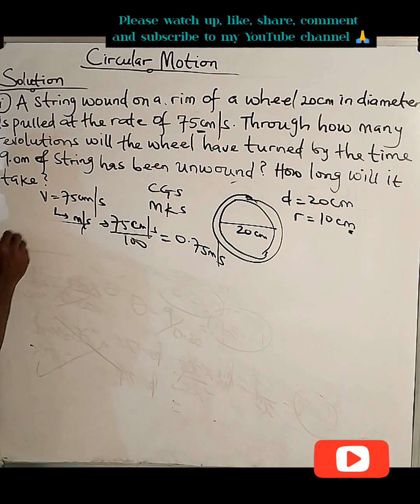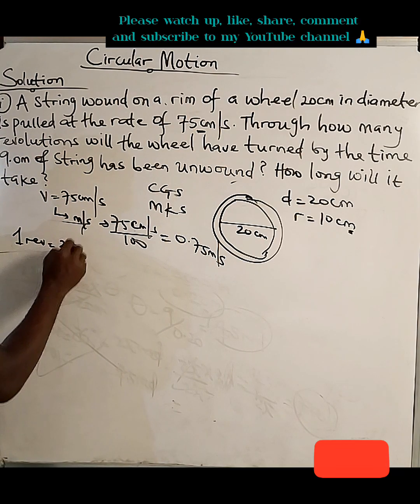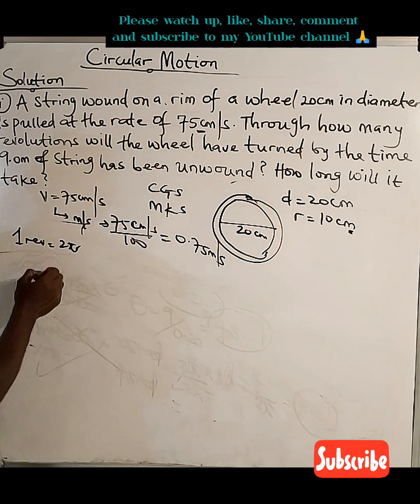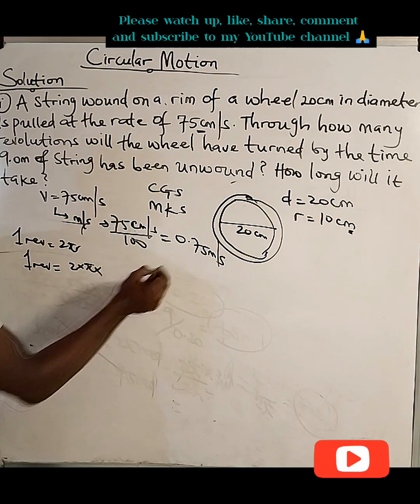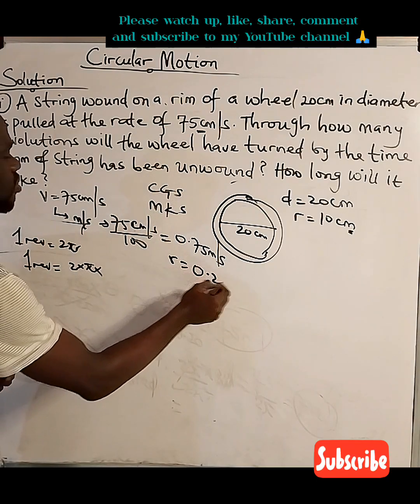Now one revolution is 2 pi r. Don't forget, a revolution is simply the circumference of a circle, the total distance around it. So if one revolution is 2 pi r, it means one revolution is 2 times pi times radius. What's the radius? The radius is 20 centimeters, in meters is 0.20 meters.